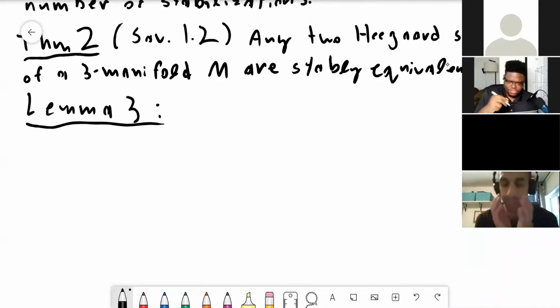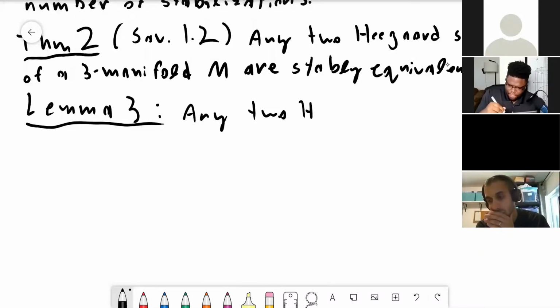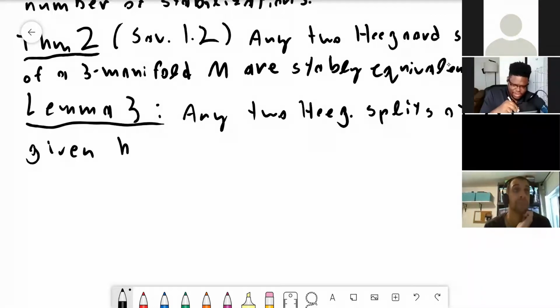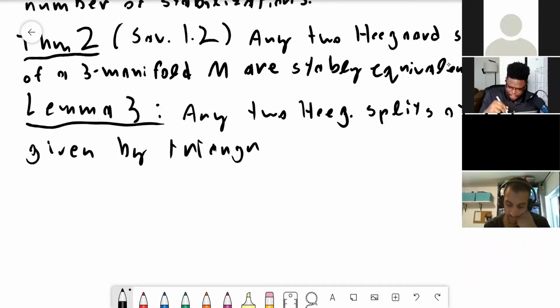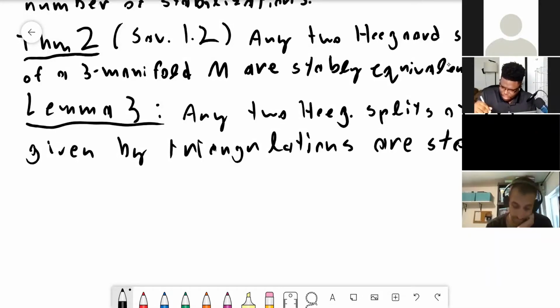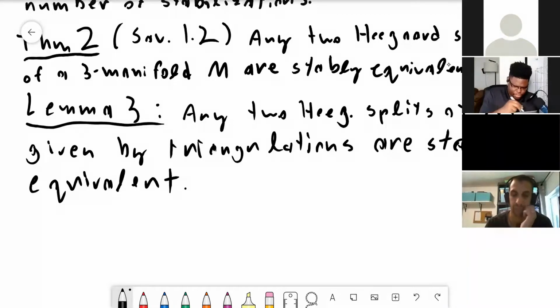The first is that if I take any two Heegaard splittings of a manifold M, and if these Heegaard splittings were given by triangulations, then they are stably equivalent. And the proof of that, I'm just going to leave as an exercise.